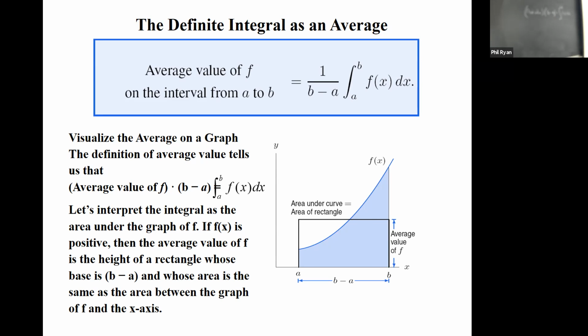Here is the base of the rectangle, and here is the height, and that height is the average value. So we're saying the area of this rectangle is the same as the blue area underneath that curve. If we push this stuff down into here, it would fill it perfectly. So this lets us make perfect sense of the average value of a function.